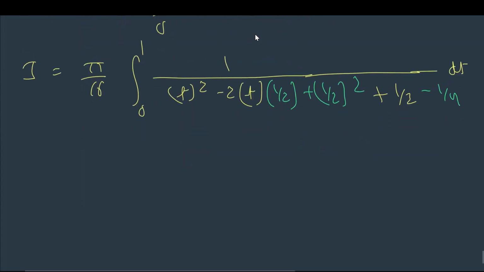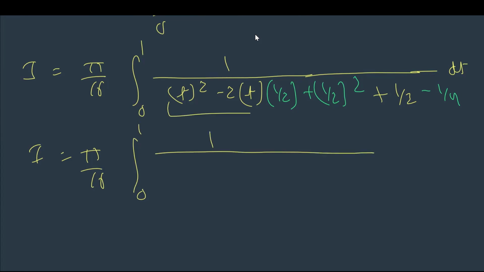So now I is equal to pi by 16 integration 0 to 1, 1 over, and this part is going to be a minus b whole square, that is t minus half whole square. And on simplifying, half minus 1 by 4 is positive 1 by 4. So this positive 1 by 4, I'll change it as 1 by 2 whole square.